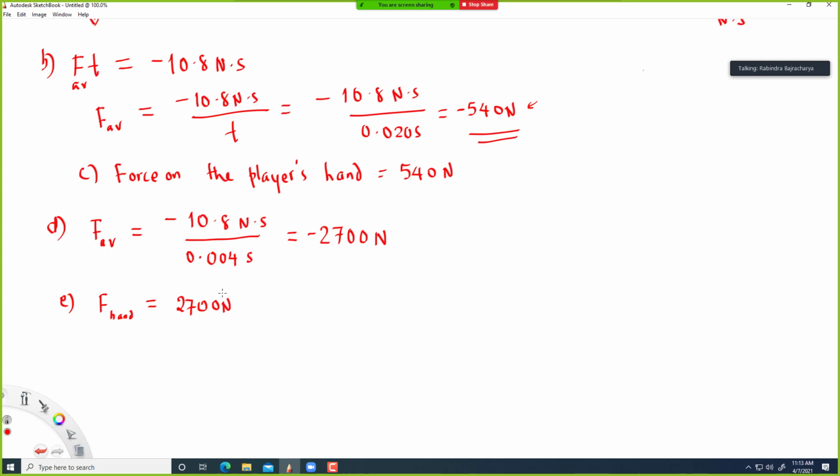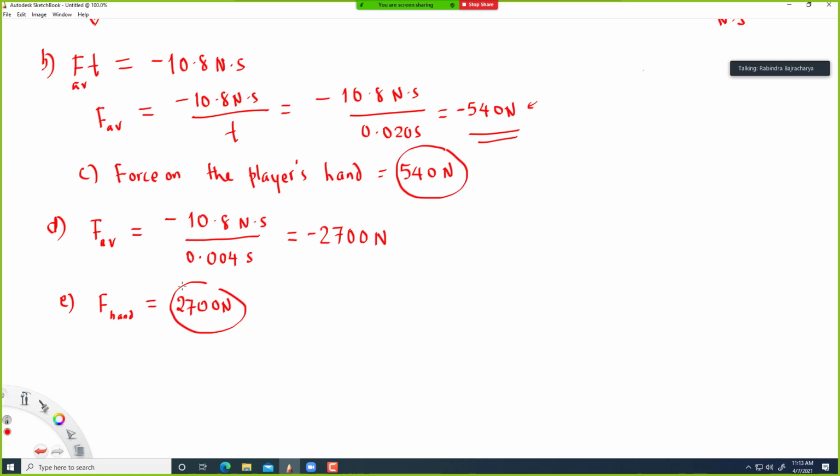So please correct the wording on part D. It's force exerted on the ball by hand. So you see that in this case there is 540 newtons force exerted on the hand by the ball, whereas in this case there is 2,700 newtons force exerted by the ball on the hand.